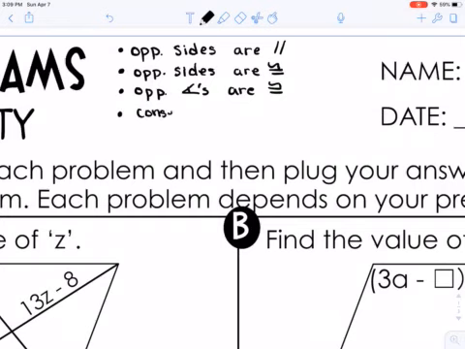Consecutive angles are supplementary. And last but not least, diagonals bisect each other.